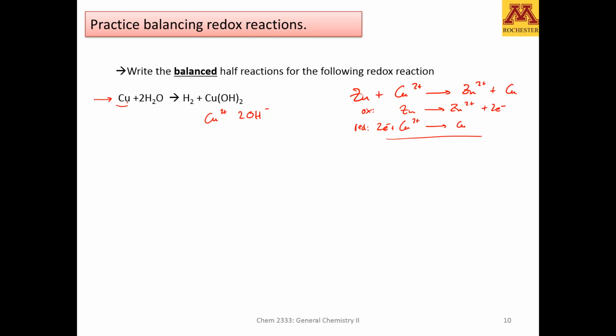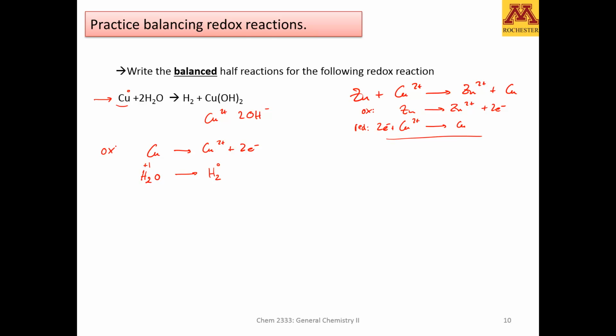Notice that copper 0 becomes copper 2+, so that's your oxidation half reaction. And in here you only have water. If you remember, for water the oxidation state for hydrogen is +1. However, here it becomes hydrogen, which is 0.